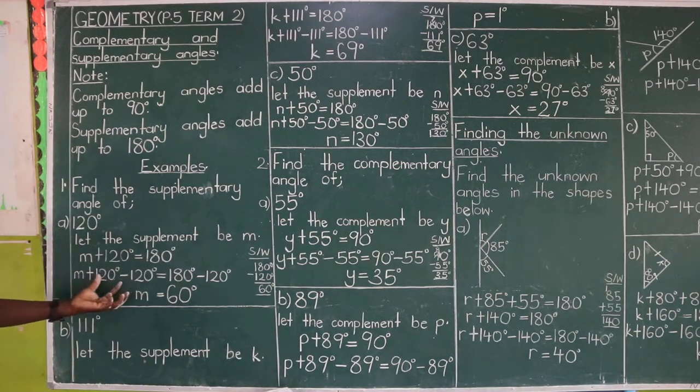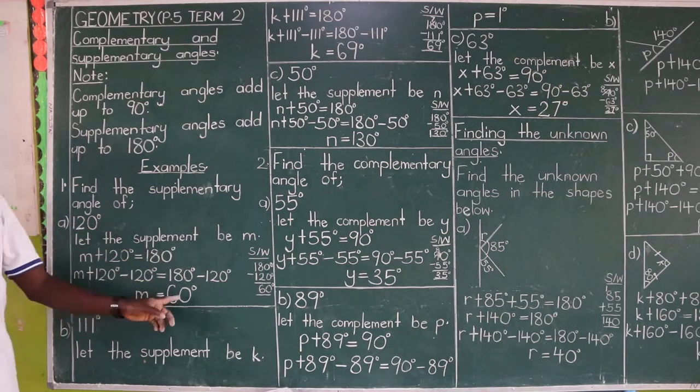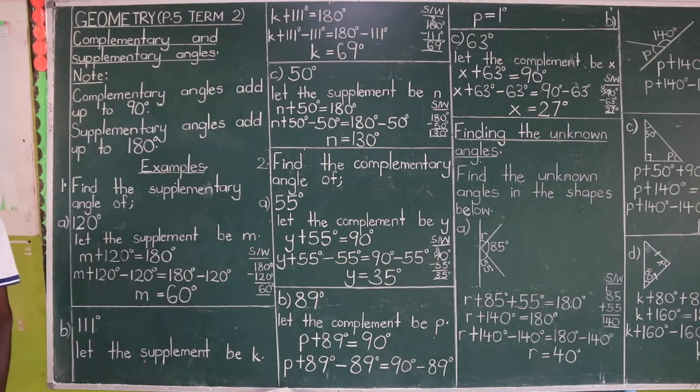So 120 minus 120 is 0, so it is gone, remaining with M, which is equal to 60 degrees we got in the side work. So the supplementary angle to 120 degrees is 60 degrees.